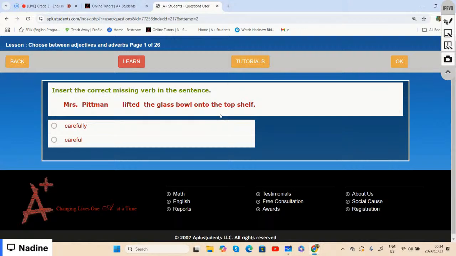It says Mrs. Pittman. Do we say option one, carefully lifted the glass bowl onto the top shelf, or option two, careful lifted the glass bowl onto the top shelf? Which one is correct? Option one or option two?